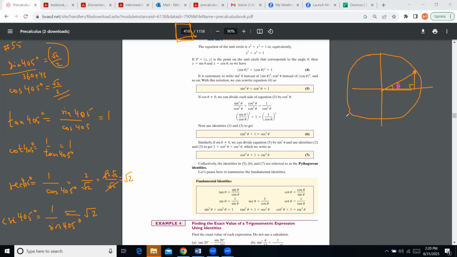And I told you the reason why, because if you have cotangent, for example, of angle t, that's kind of odd word, cot t. So that's kind of confusing. That's why they always use theta for marking the angle.